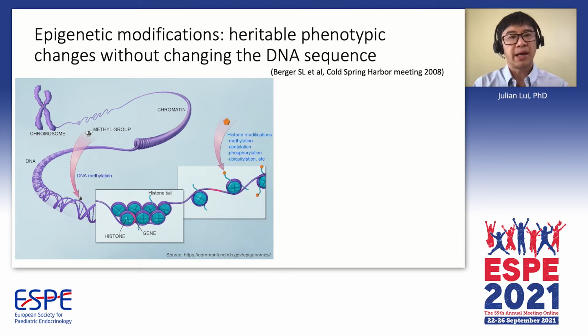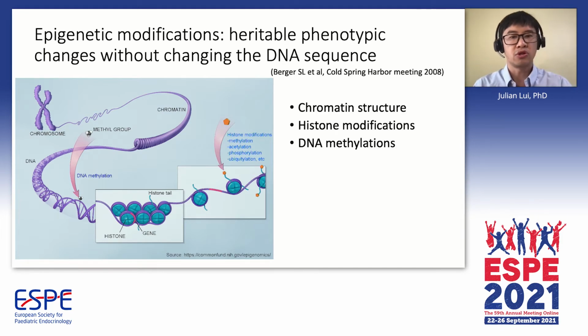So I think epigenetics should require no introduction, but maybe I should clarify what I define as epigenetic modification for this talk. By definition, these are heritable phenotypic changes without changing the DNA sequence. In the literature, it's usually used to describe changes in chromatin structure, histone modifications, or DNA methylation.